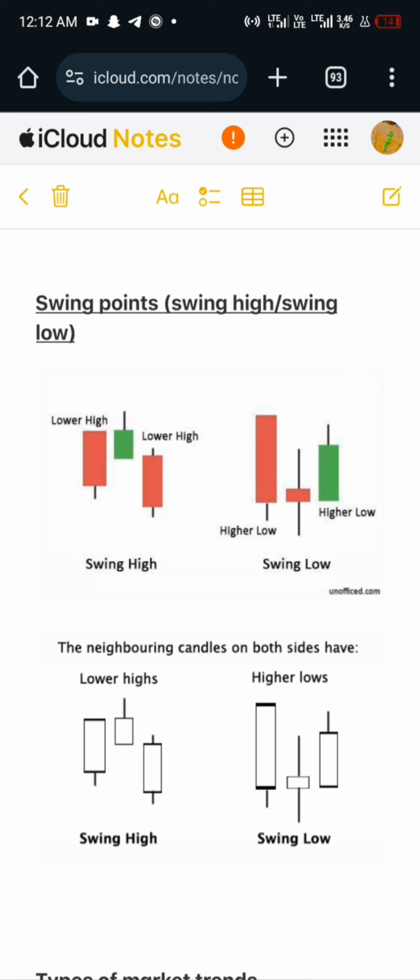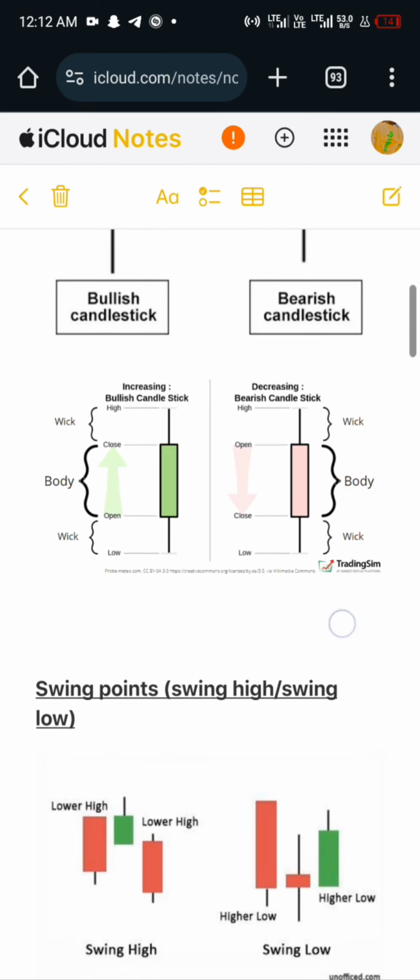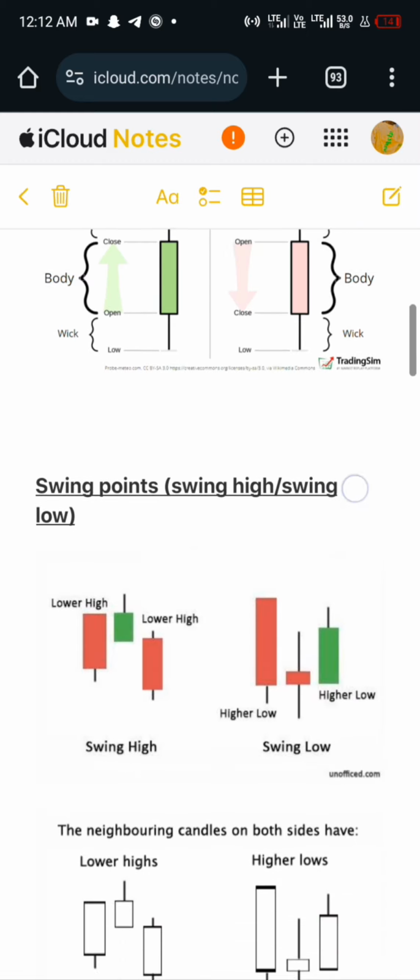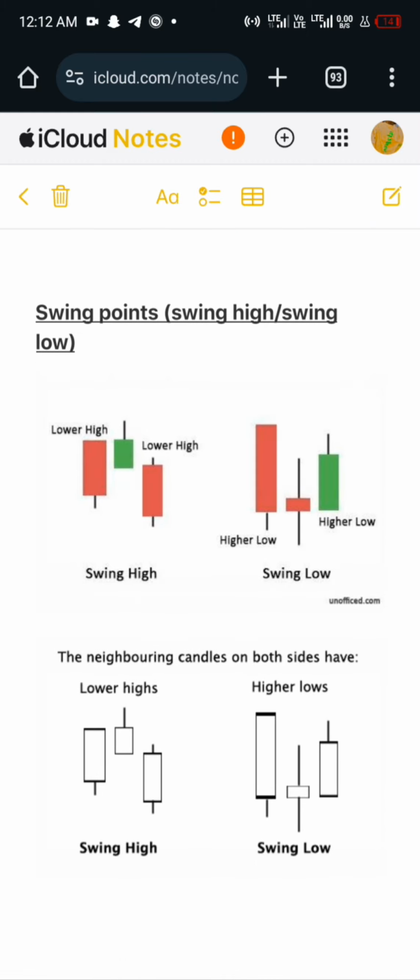Now, your swing points come in different types. We have a swing high and then a swing low. But what you need to know is, just like when we have this bullish and bearish candle, they are both candles. So likewise, with our swing points, we are referring to a series or a number of candles.